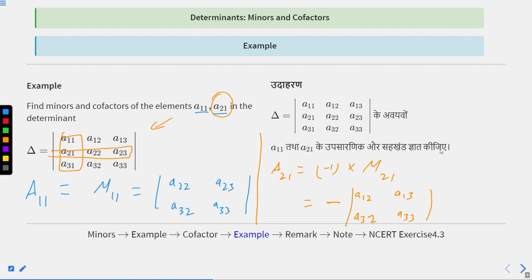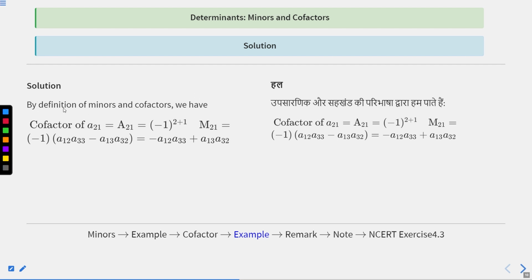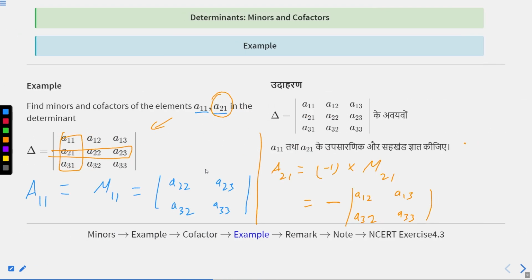Now let us move next. As we already evaluated it, if you evaluate the determinants further, you will find the same answer for A21. Let us see. To solve, this will be A12, A33 minus A32, A13.